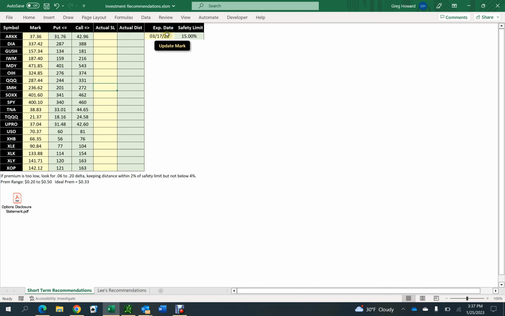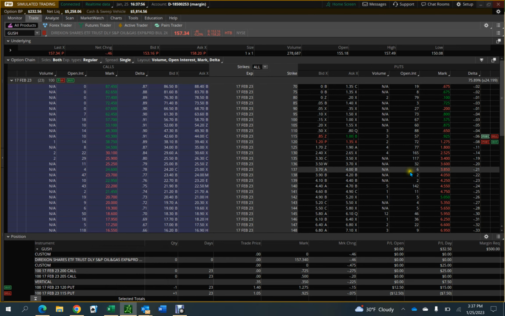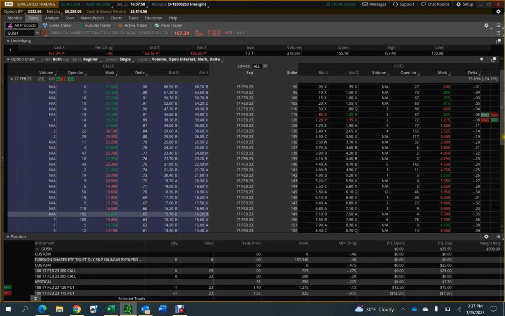The yellow boxes are ones that you can actually write something into. The others are all calculated. In this case, I had it set for the 317 expiration date, and the call ought to be above 173.